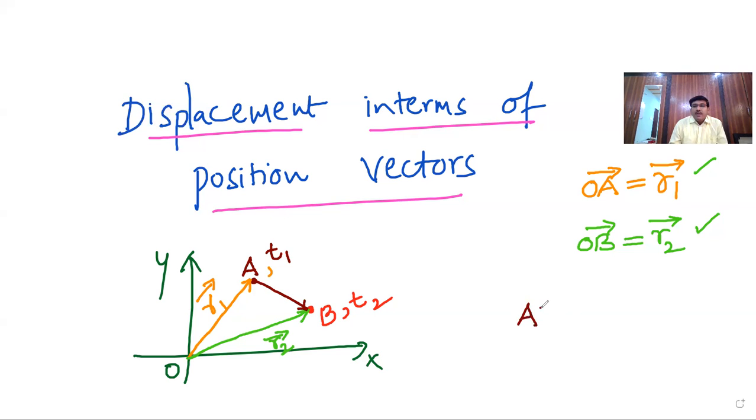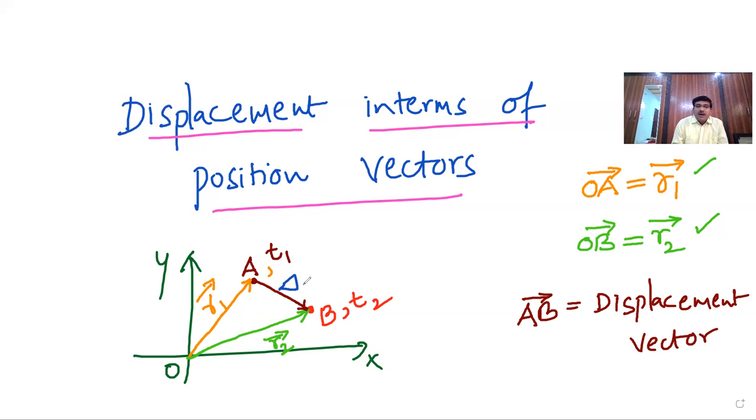So AB bar is known as the displacement vector. Clear? Displacement vector. Now I am indicating this as delta R bar. Delta R. Clear? So I want to indicate this delta R bar, that is AB bar, in terms of position vector.